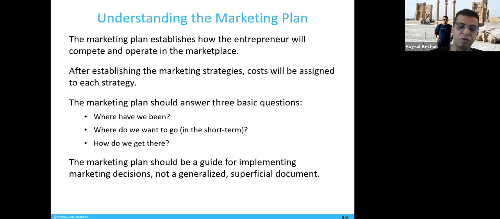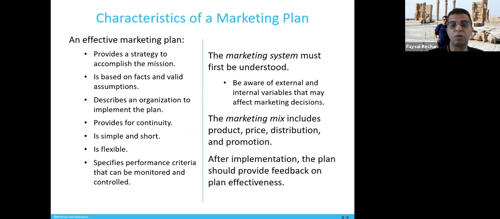You cannot have a marketing plan just to have it on the side. It has to guide you, because without a good marketing plan, you will not succeed in your business. You probably might, but that's what you call a lucky shot. If you don't have a good marketing plan, and the market is competitive, your chance of succeeding is very low. Now, characteristics of a marketing plan.